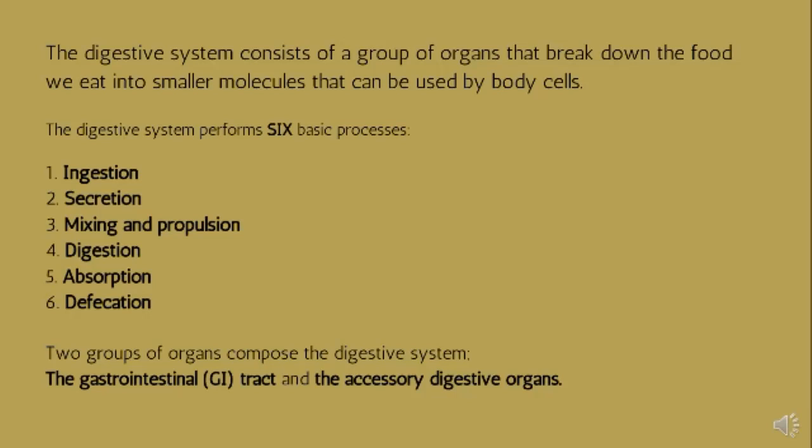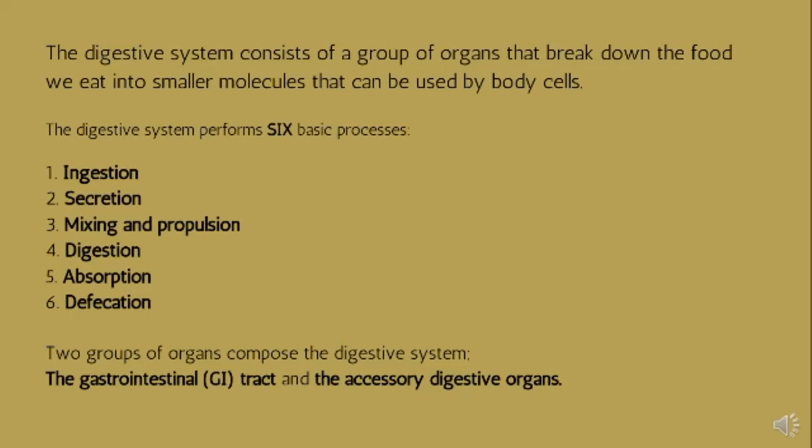Fourth is digestion, the mechanical and chemical breakdown of the food. Fifth, absorption is the passage of digested products from the GI tract into blood and lymph. The sixth one is defecation, which is the elimination of feces from the GI tract.